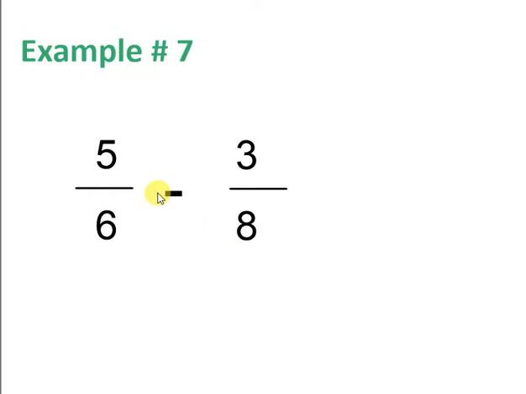All right, now we have a subtraction one here. So the LCM of 6 and 8 is also going to be 24. So I'm going to make a new fraction.